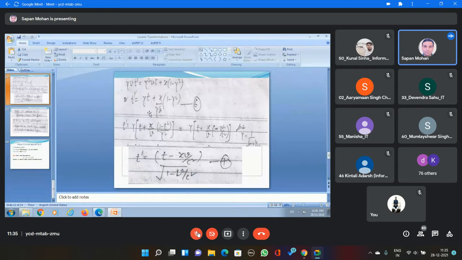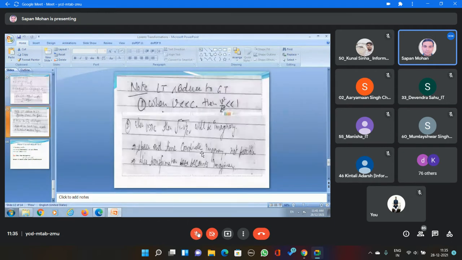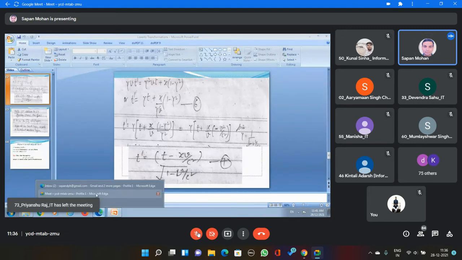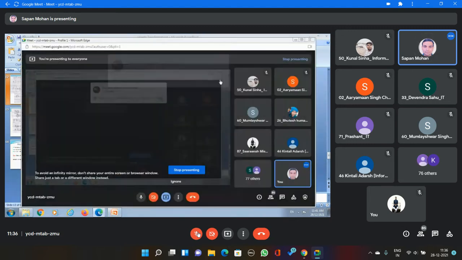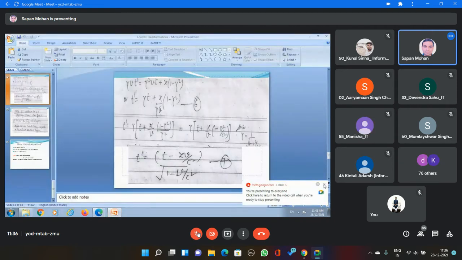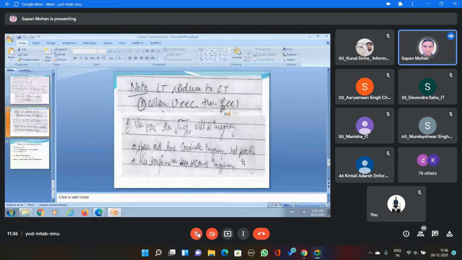So, this is the transformation for t dash. How t and t dash are related. These are the transformations. And finally, t dash is equal to t minus xv over c square, over root 1 minus v square over c square.